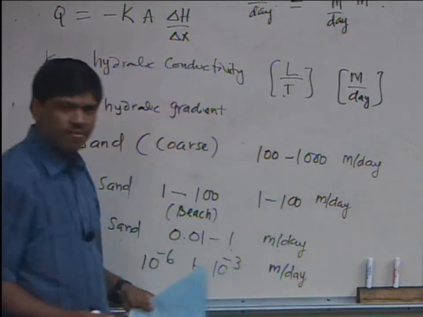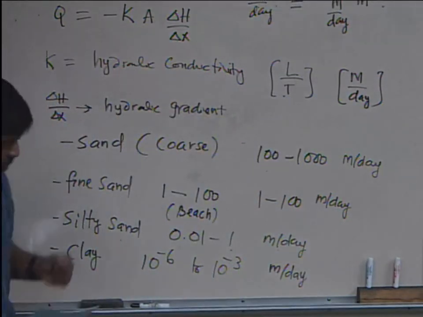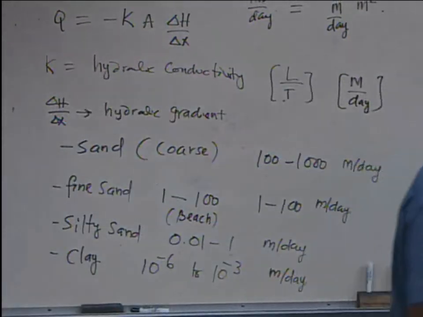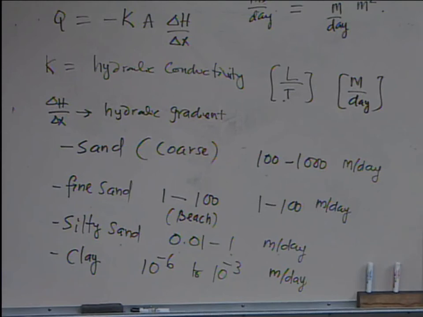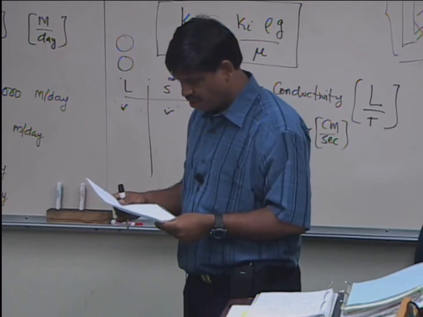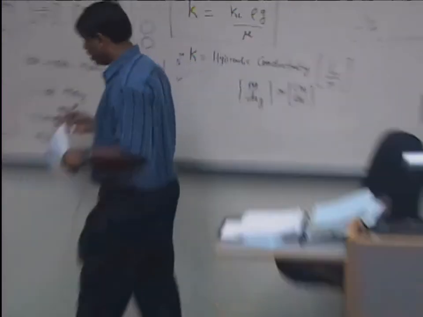So these are some rough estimates, and these are usually experimentally evaluated properties. If you want to compute the value for sand, you can look at tables, but in the end, you really need to do some experiments. That's the only way to determine the hydraulic conductivity.